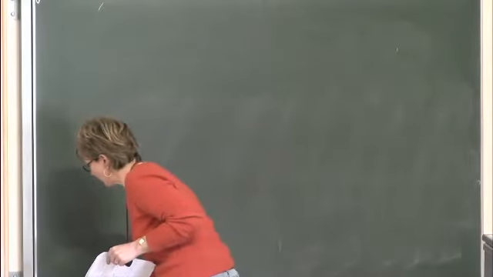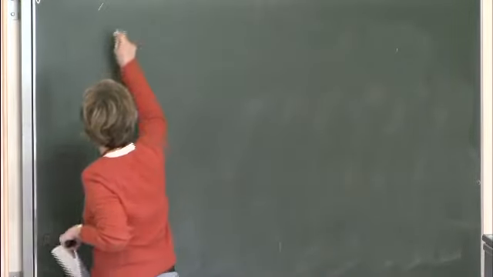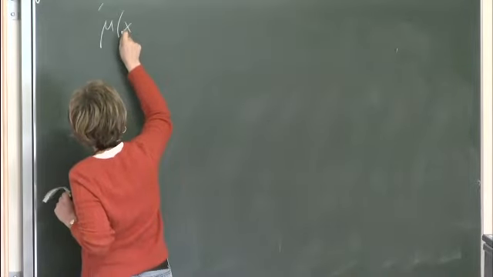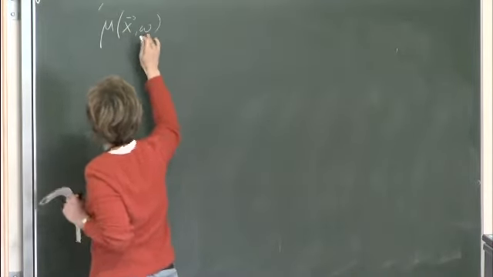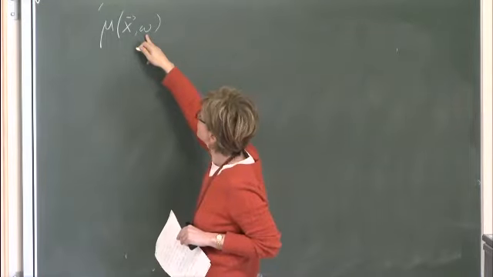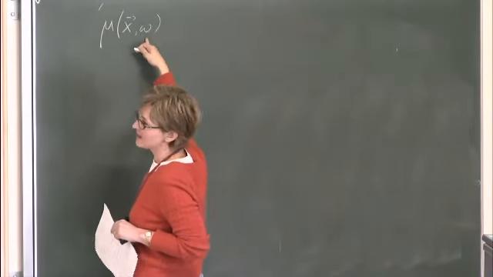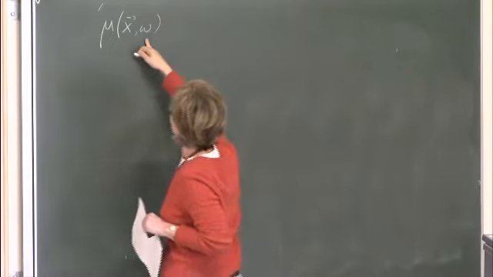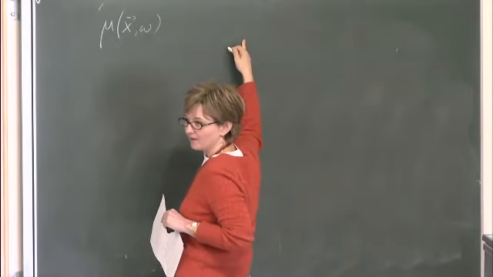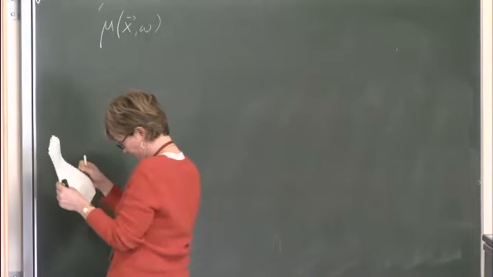So what I should have written there is, if you talk about a random process, mu is really a function of x and omega, the realization. Omega takes values in the sample space. And for any given realization, mu is just a function from R^(n+1) to R. So that's the process.